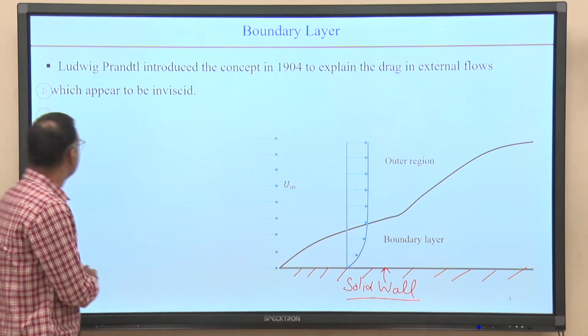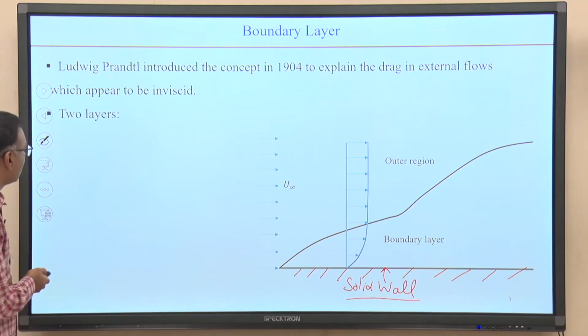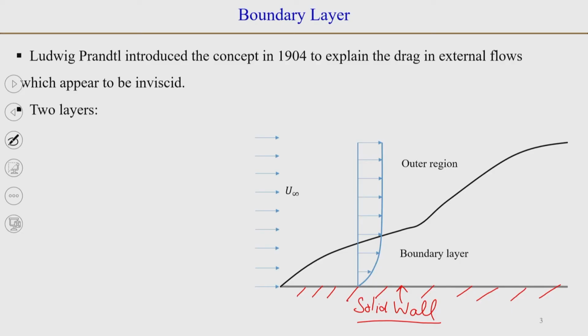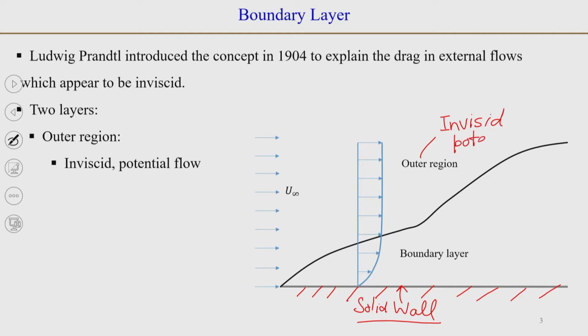So, he suggested that one can consider two layers in the flow: the outer region, where the flow is considered to be inviscid potential flow, and the inner region, which is the boundary layer, where viscous effects are important.